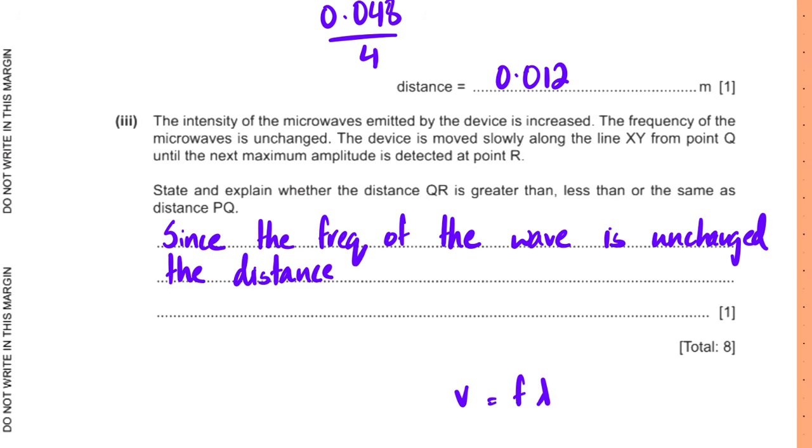So Q was our minimum, R is our maximum again, and previously P was our maximum. So the distance between the max and the min, the distance QR is the same as PQ.